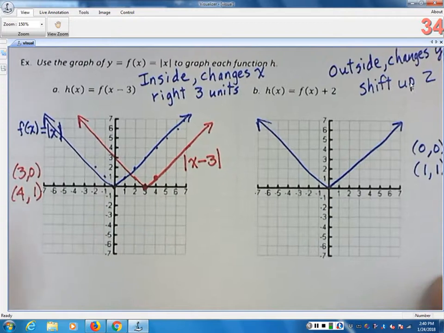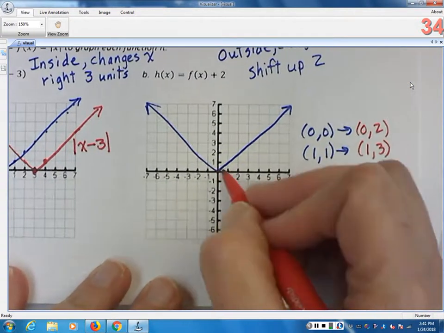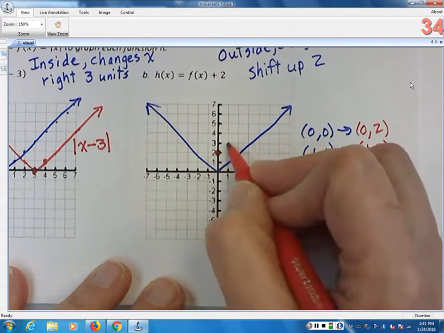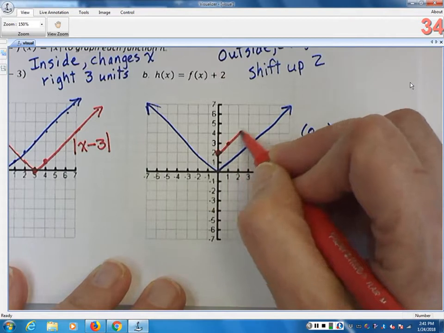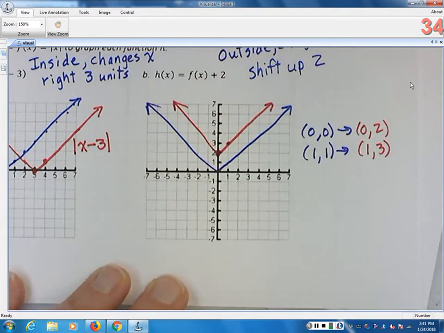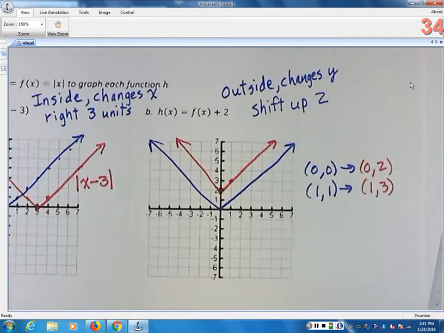Oh, you can't see that. So 0, 2 is now the vertex, and 1, 3 is another point, and it's a V. So memorize, if it's on the outside, it changes y.